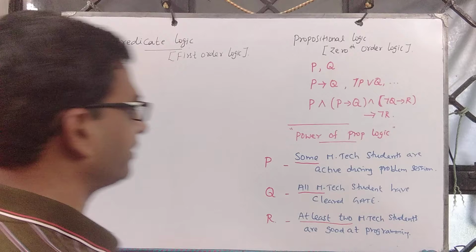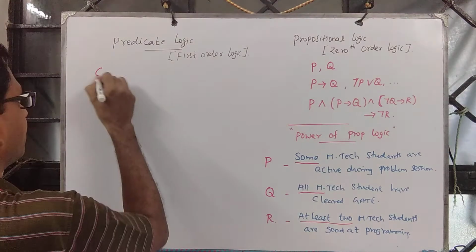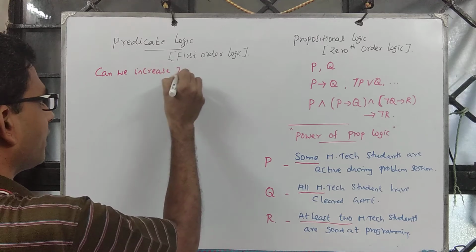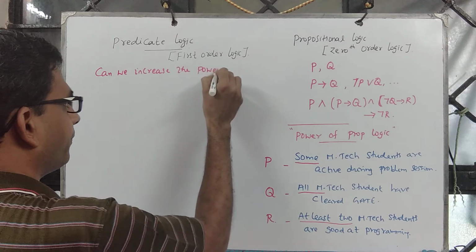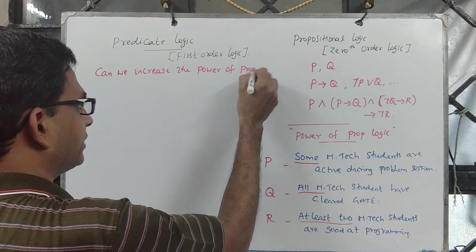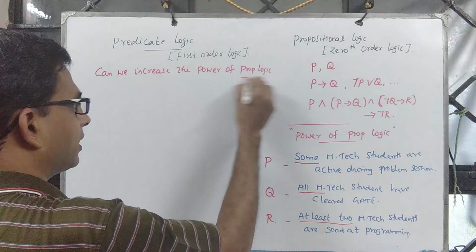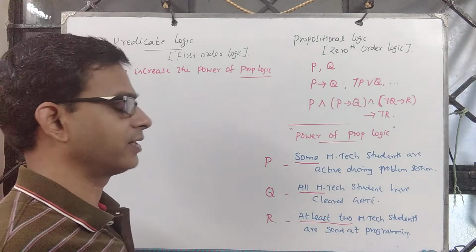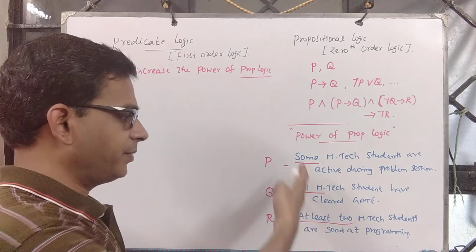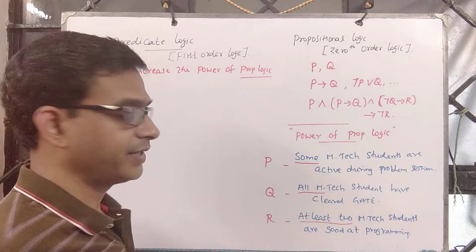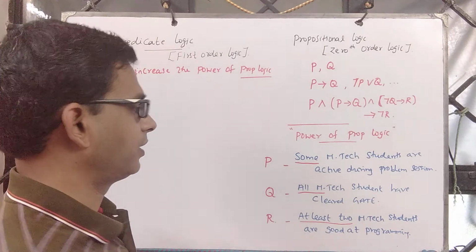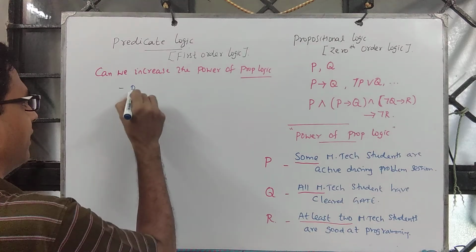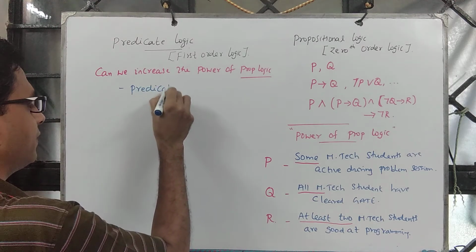So can we increase the power of propositional logic so that these quantifiers are also taken care of? They may be of use when we start simplifying the argument. Fine. So that's precisely predicate logic or first order logic.